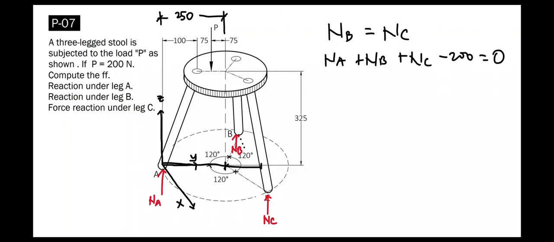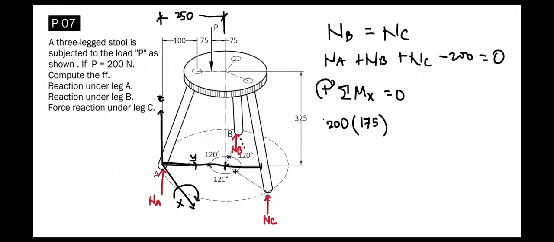For our last equation, we take summation moment along the x-axis equal to 0, considering this rotation, which is clockwise, to be positive. So we have a 200 Newton force, which is force P, times its moment arm distance of 175.